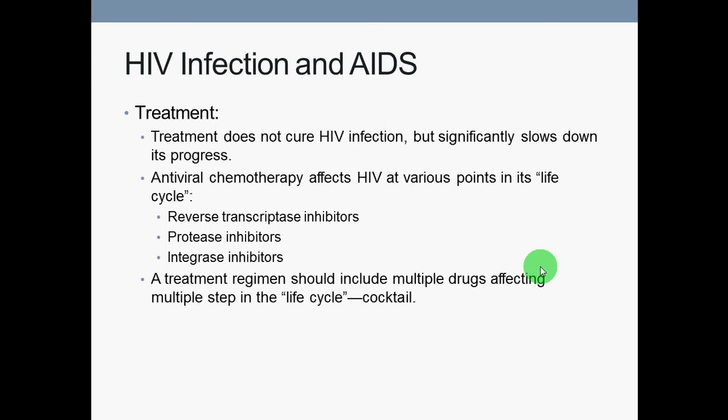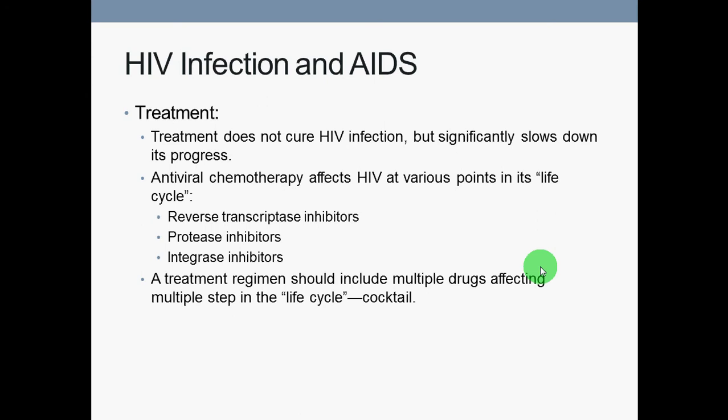Treatments that are available for HIV are antiviral medications that affect HIV at various points of what we call its life cycle. And again, viruses aren't alive, they're active or inactive. But there is a distinct cycle to viruses, how they replicate and are able to go on and infect other cells.